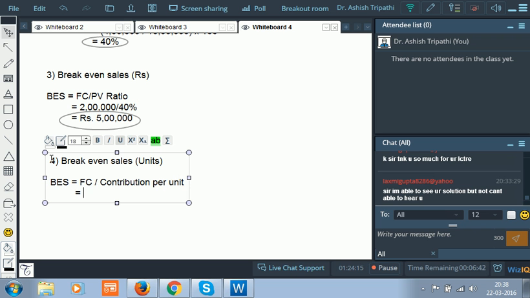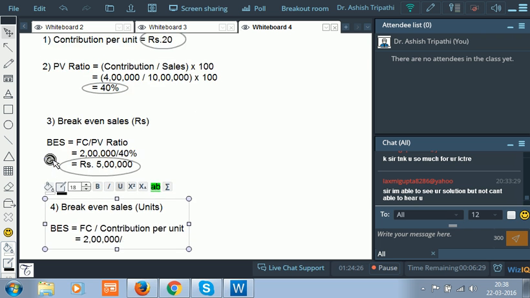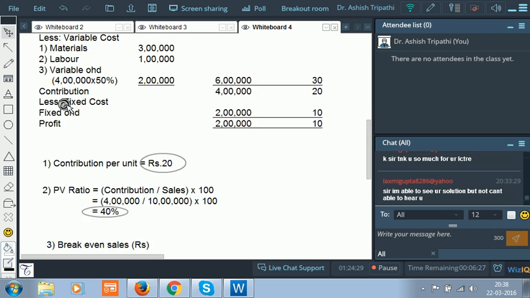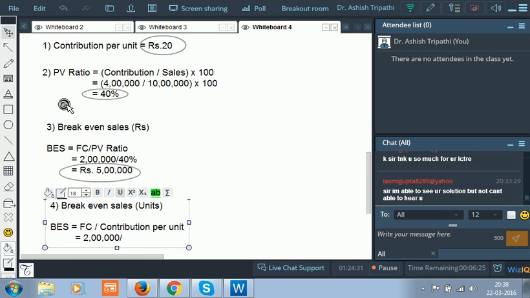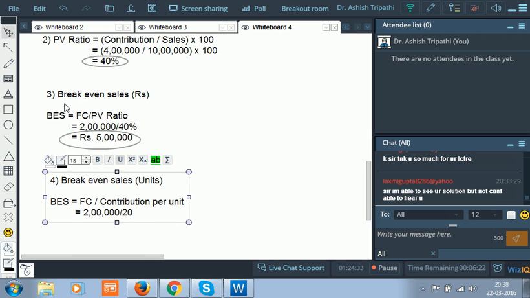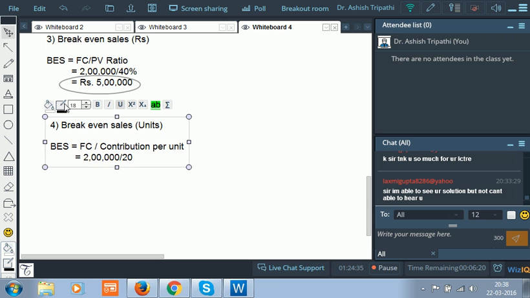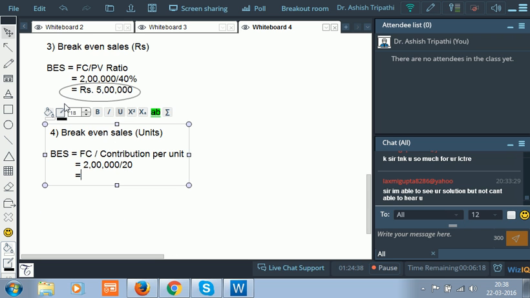So that is equal to fixed cost is 2 lakhs upon contribution per unit. Contribution per unit is how much? Contribution per unit is 20. So that is equal to 2 lakh divided by 20 will give you 10,000.